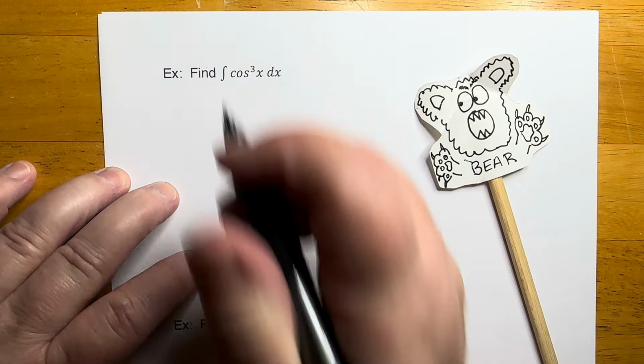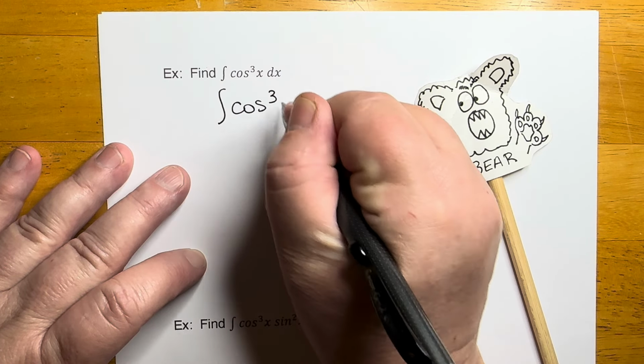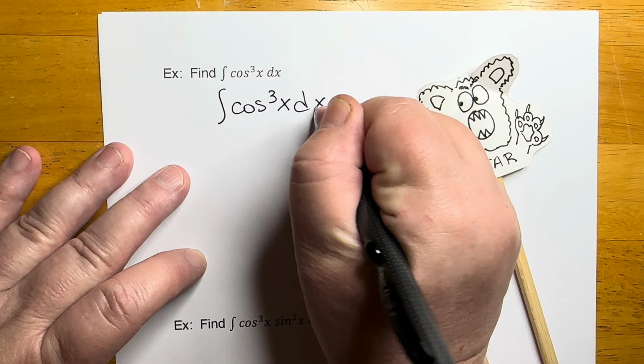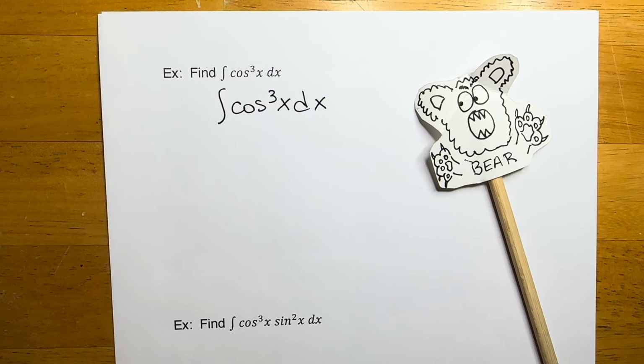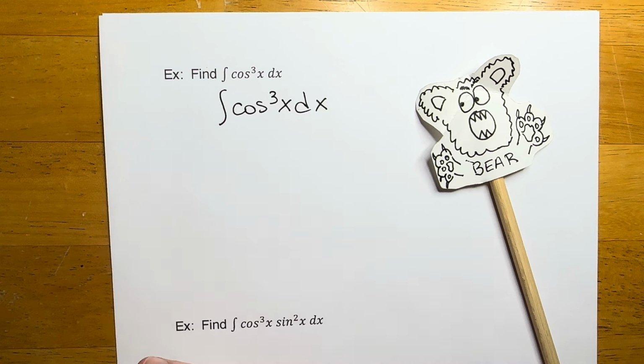Okay, this one's kind of interesting. I've got the integral of cosine cubed of x dx. Now, the problem with this is that I could set u equal to cosine, but then I don't have the du because I would need a sine, right?